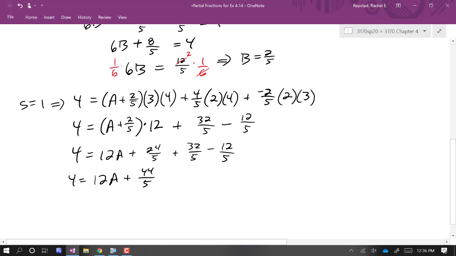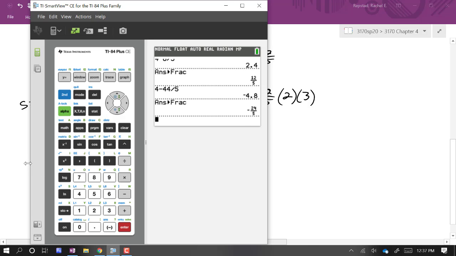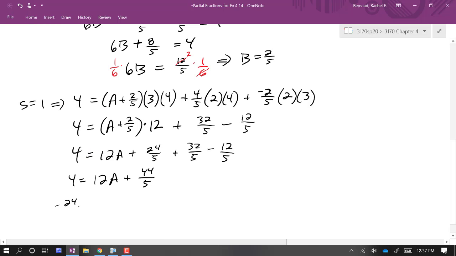So 12a is 4 minus 44/5. We get negative 24/5 is equal to 12a. And if we multiply by 1/12 on both sides, 12 goes into 24 twice, and we get negative 2/5 for a.